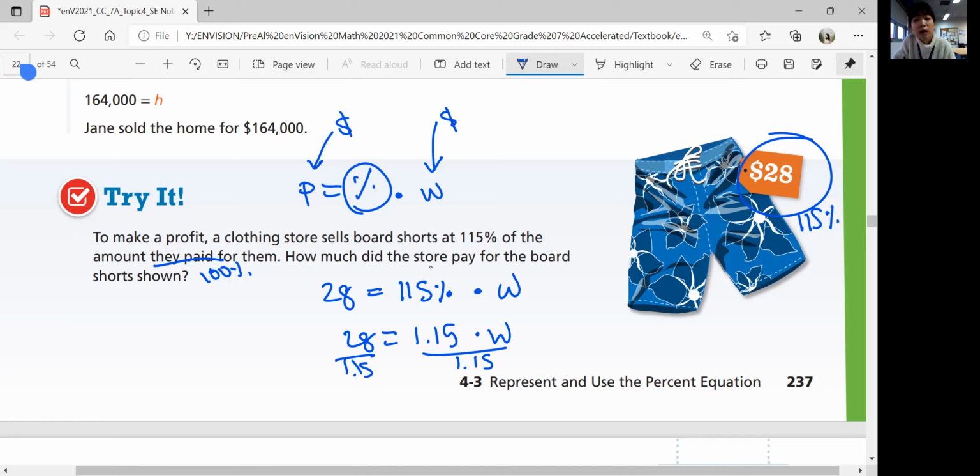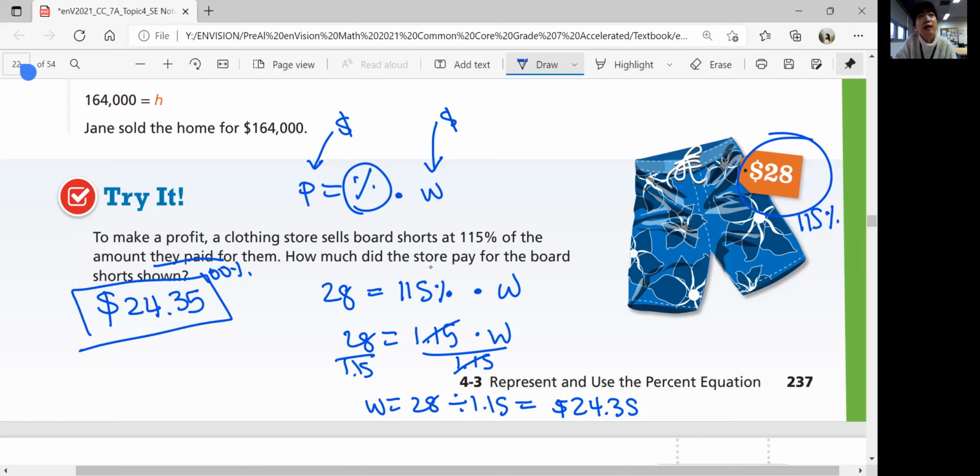Then W is equal to 28 divided by 1.15, which is equal to $24.35. So the store bought the shorts for $24.35, and they're selling it for $28.